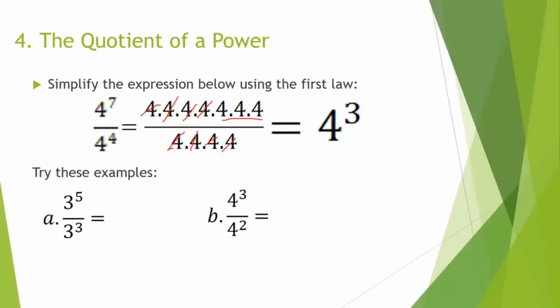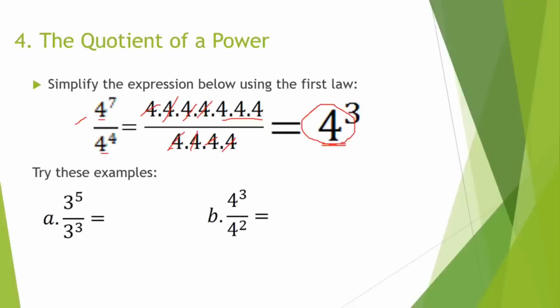But there is a shorter way for us to answer. Let us observe our first example. In this example, we can just copy our base. So again, just like in our previous rule, the base should be the same. They have the same base, which is 4.